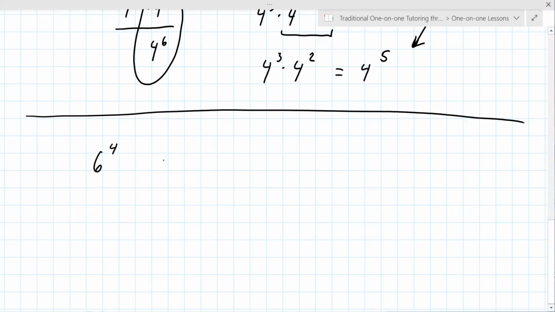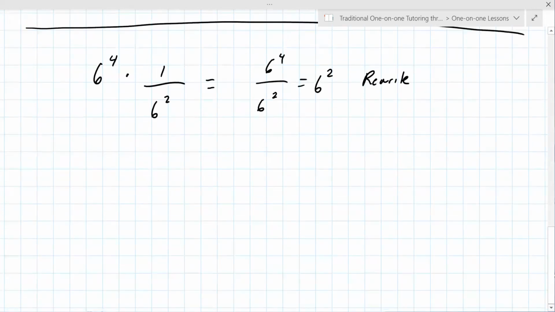So let's say I gave you 6 to the 4th times 1 over 6 squared. Are you comfortable with the fact that this is really 6 to the 4th over 6 squared? This is what I call a rewrite step. You're not actually doing any math. You're just changing it. Yes. Okay. So this would be 6 squared.